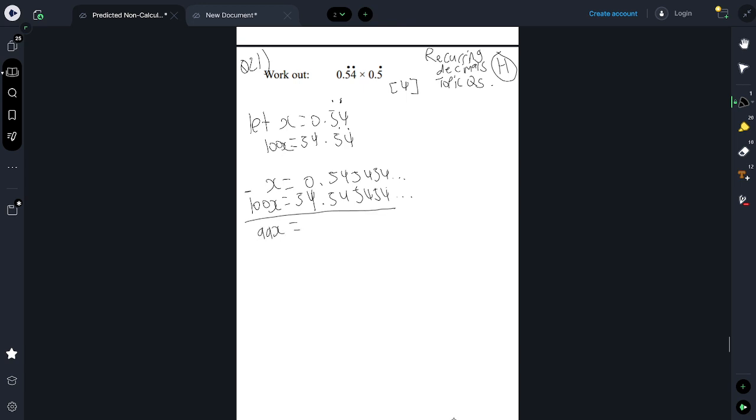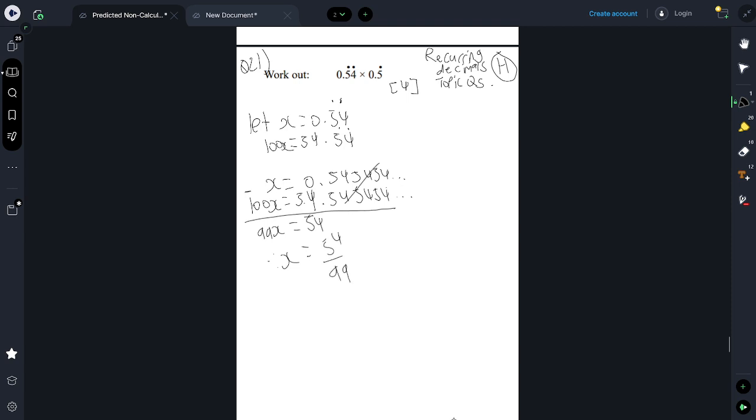If you subtract, the decimal parts cancel each other out because they're exactly the same. So you're left with 54 minus 0.54 minus 0.54, which cancel, so you're just left with 54. And then x, our original decimal, is 54 over 99.